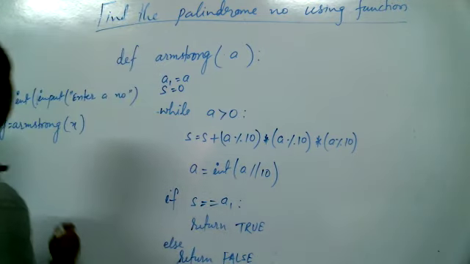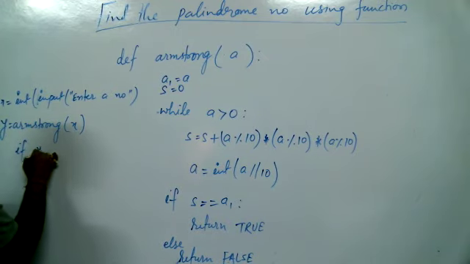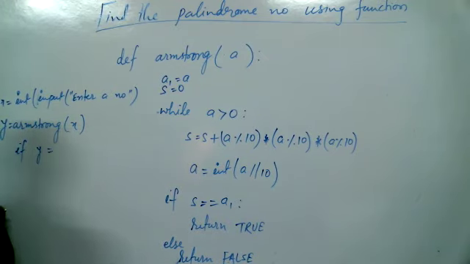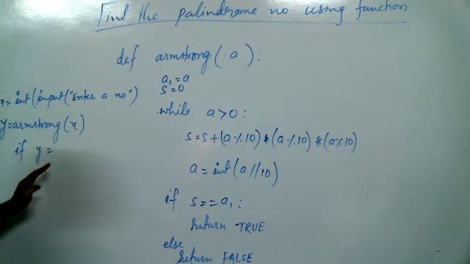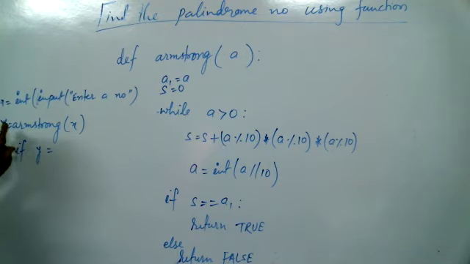So here we will check if y equal to, because this part is not visible, that's why I am writing like this, but indentation is in a straight line. These all lines are parallel. It is not going inside. If you write inside, then this will become the subcode of Armstrong. So don't write like that.